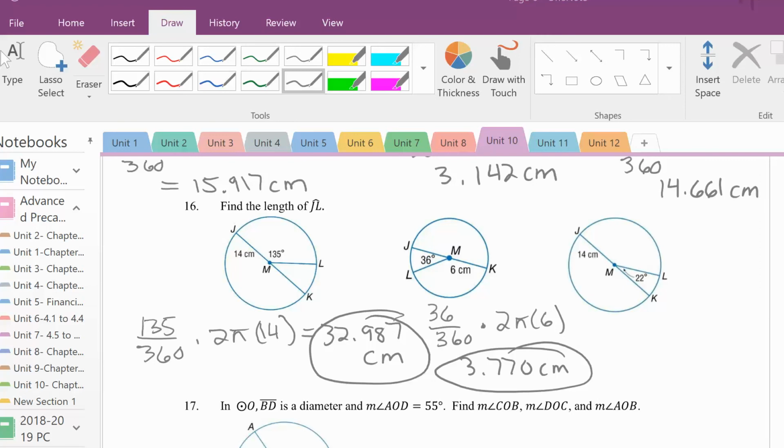The last one for JL, it's 158 degrees. So 158 degrees divided by 360 times 2 pi times 14. And that gives you 38.067 centimeters.